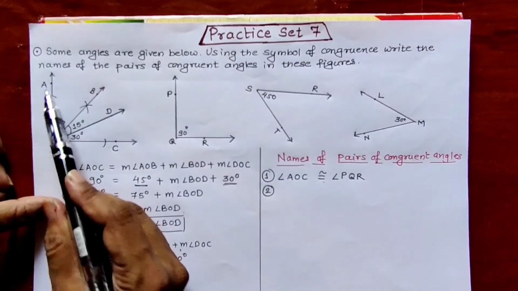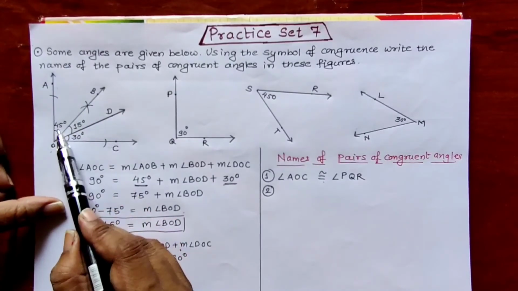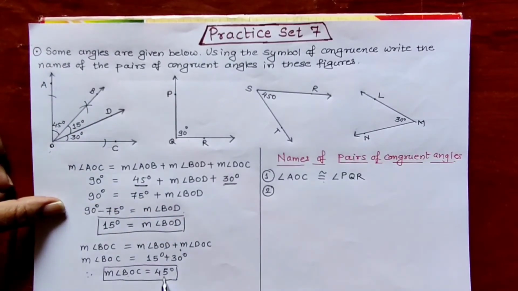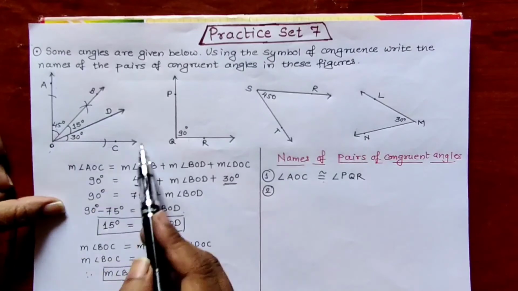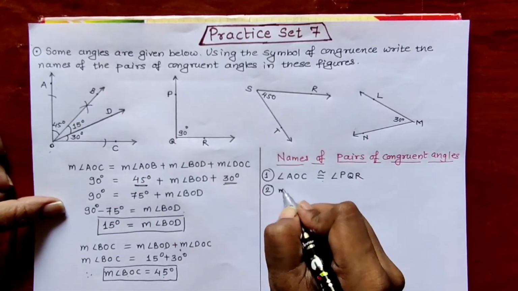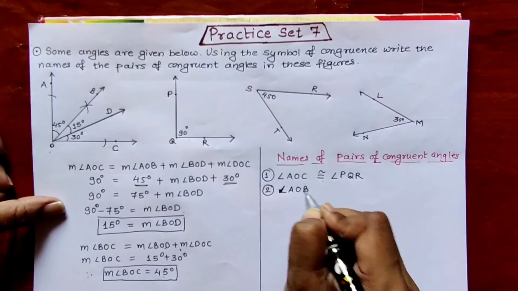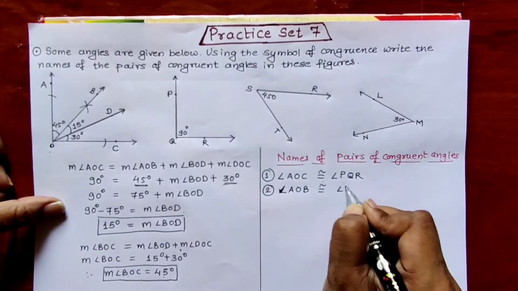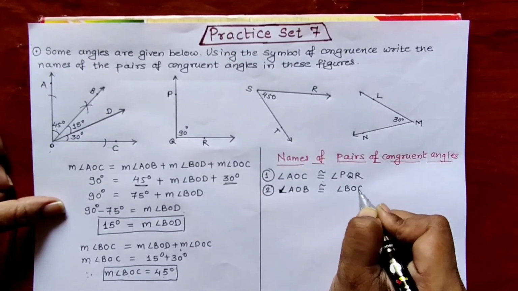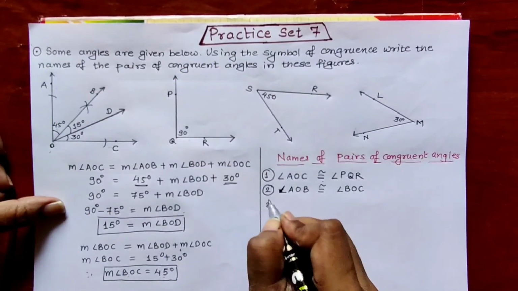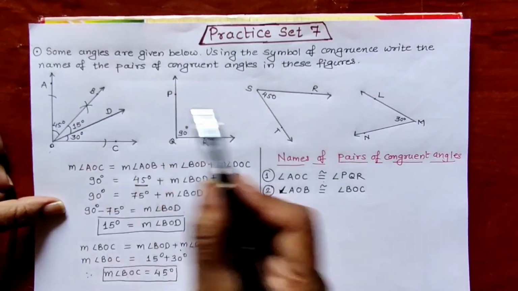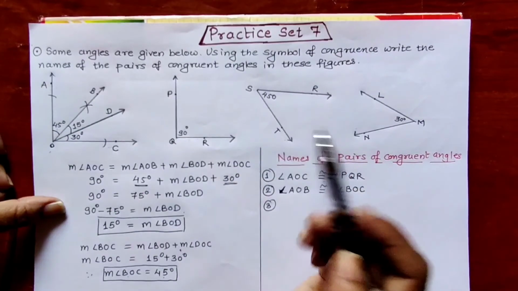We can see here angle AOB is 45 degrees and angle BOC we also got as 45 degrees. BOC is also 45 degrees. So I can write angle AOB is congruent with angle BOC. Again this angle AOB is 45, RST is also 45.